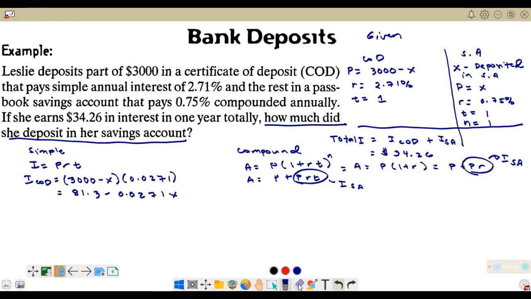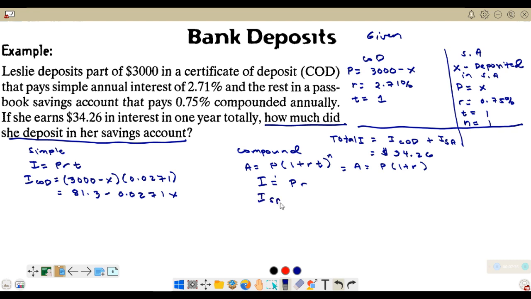Ayan. So, simplify na natin from here. Sulat na lang natin yung formula niya for the interest. The formula for interest here is simply P times R. Okay?